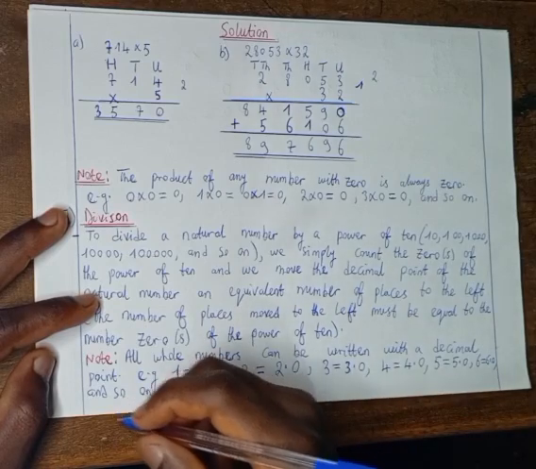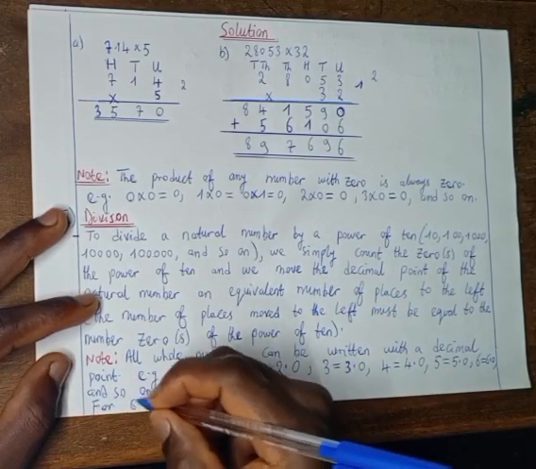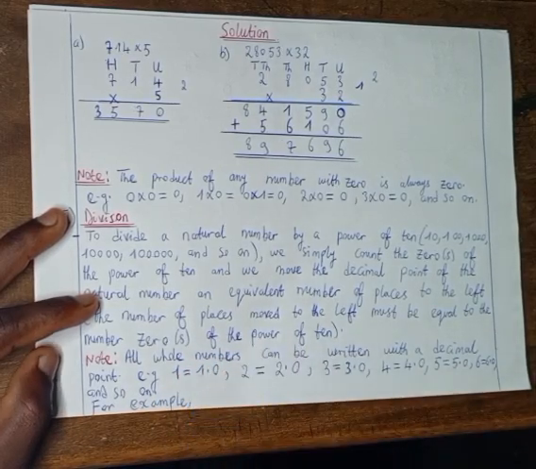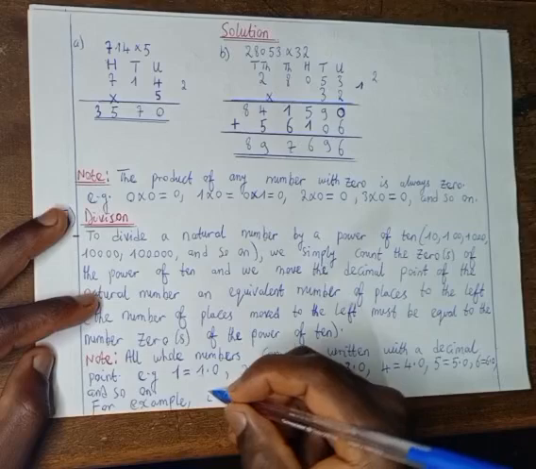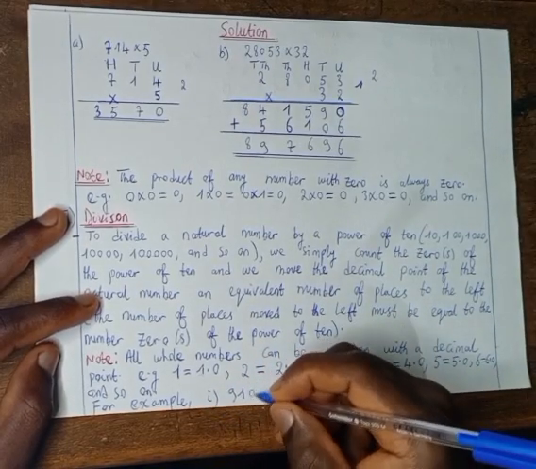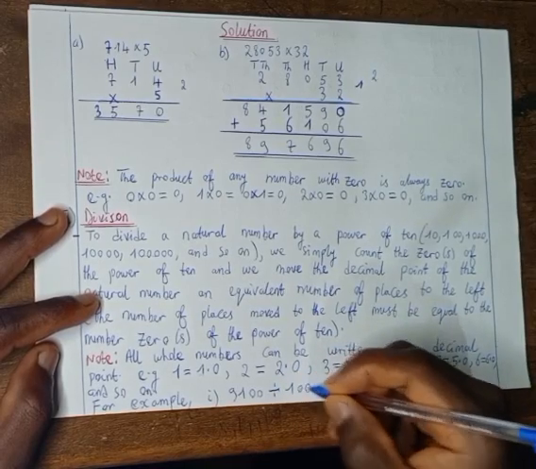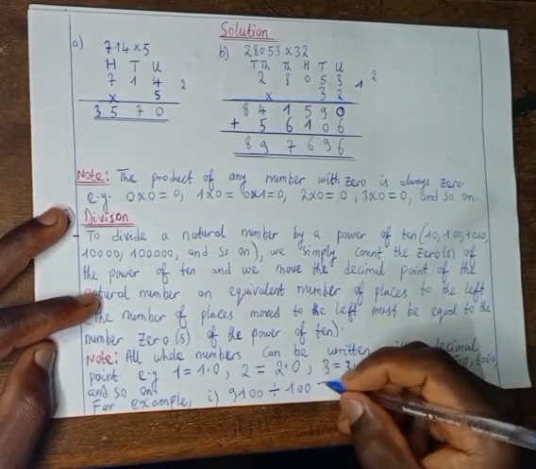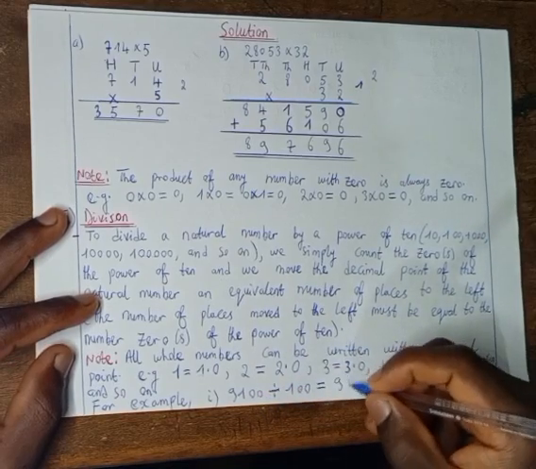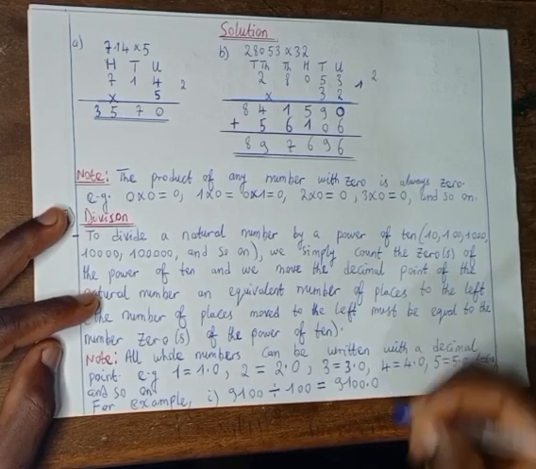Okay, next, if we take for example, the first one. Let's divide the number 9100 by 100. This will simply be equal to, we can write down the number 9100 as 9100.0.